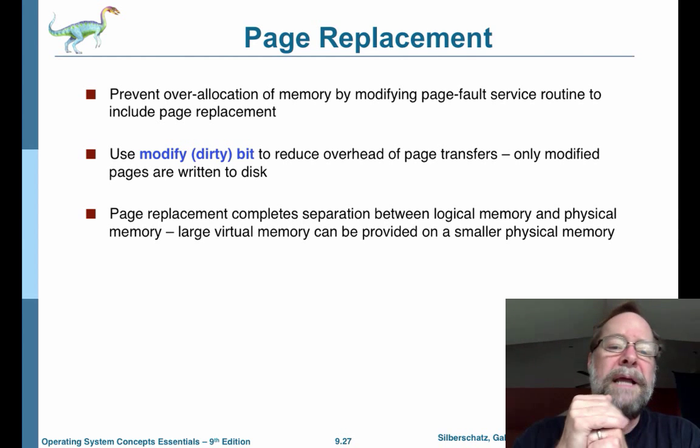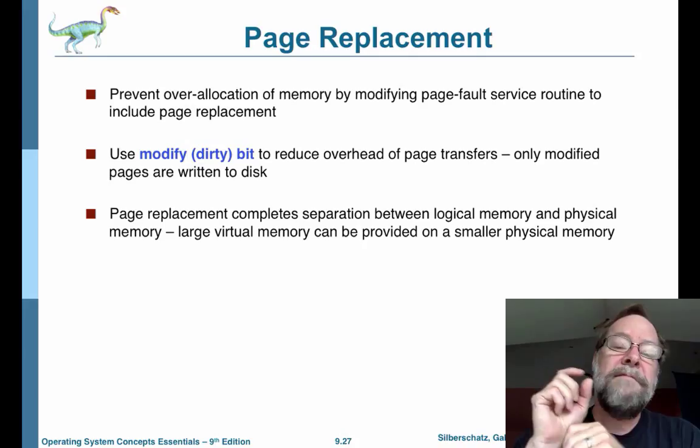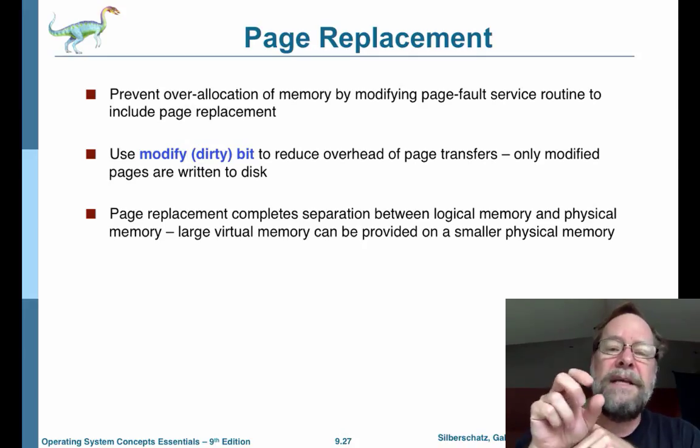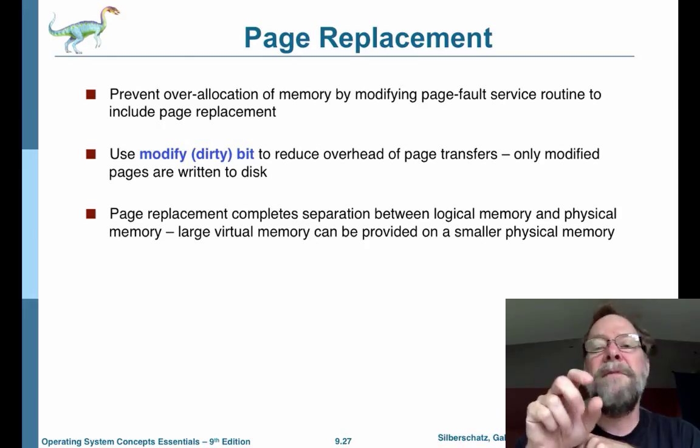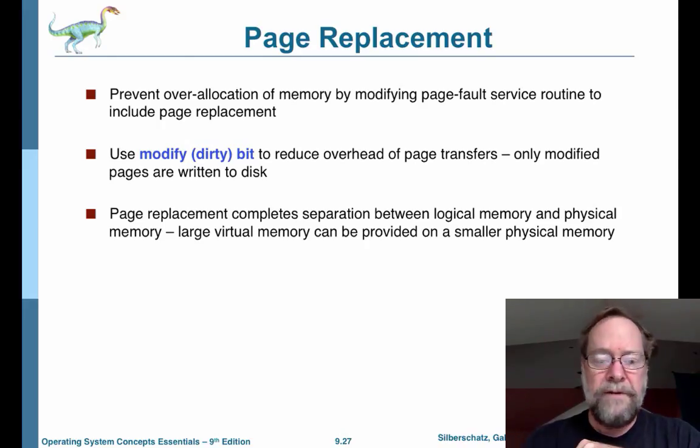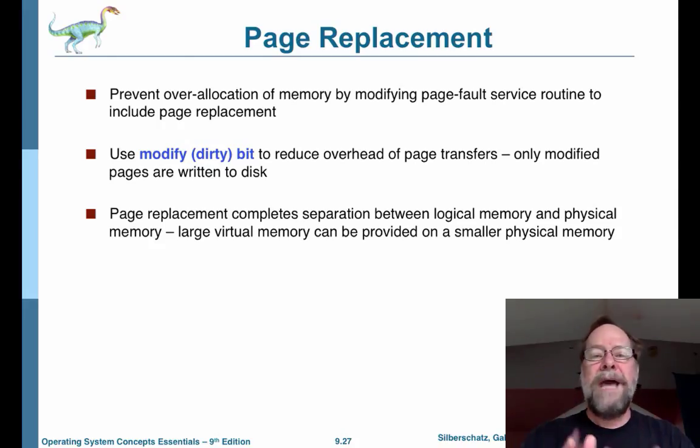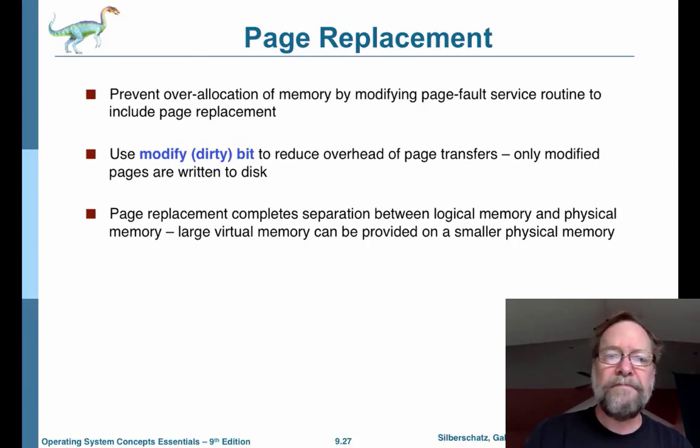Again, we can put this in our page table, and we can set that bit to true, indicating that the value of the page sitting in RAM in a frame is different from the value of the page sitting on the hard drive. If we do that, now we know when we actually have to swap a page out, instead of just ignoring it and overwriting it with a new page.